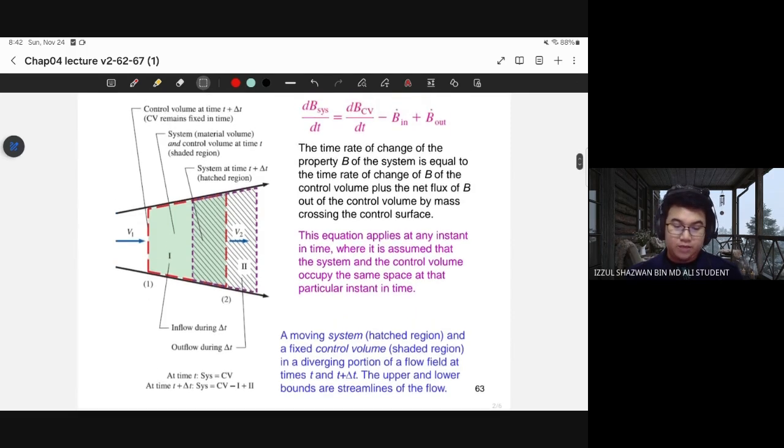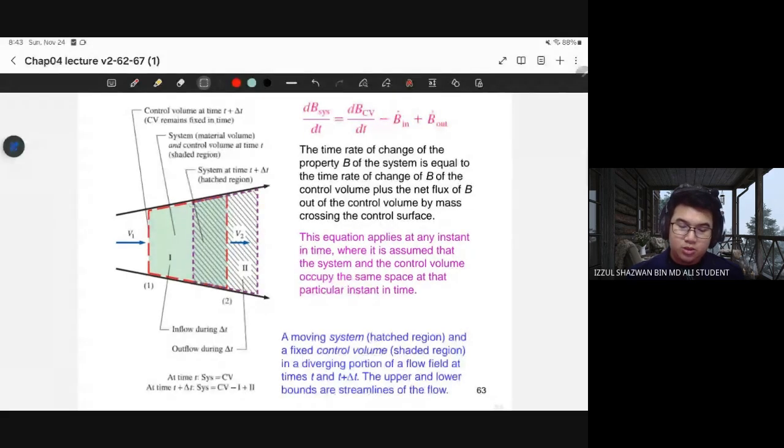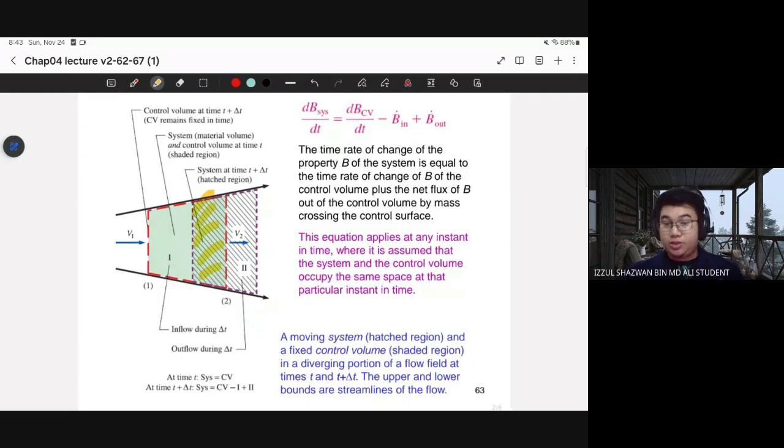Based on the given diagram, the purple region is the outflow during delta t, and the green one, which is the control volume, is the inflow during delta t. This means the Reynolds transport theorem is the part in between those two, which is the system at time t plus delta t.